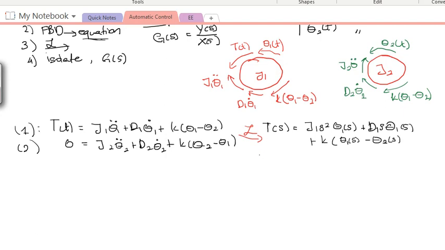And then the second equation becomes 0 equals J2 theta 2, I'm sorry, I forgot s squared.